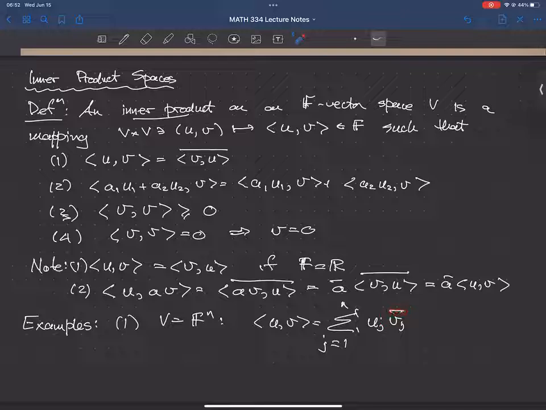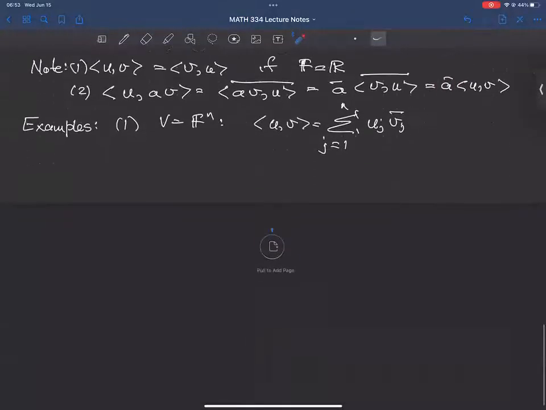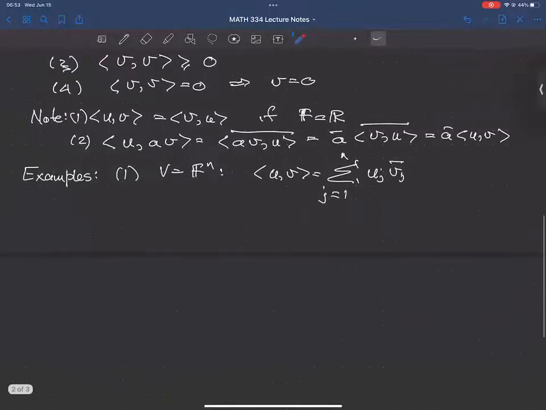Should it go here or here? And that'll affect these linearity properties. If you choose to put the conjugate here, then you're going to get this kind of property in the first entry and then linearity in the second entry. Different people do things differently. Basically, if one wanted to characterize who does what, mathematicians do it this way, physicists do it the other way.